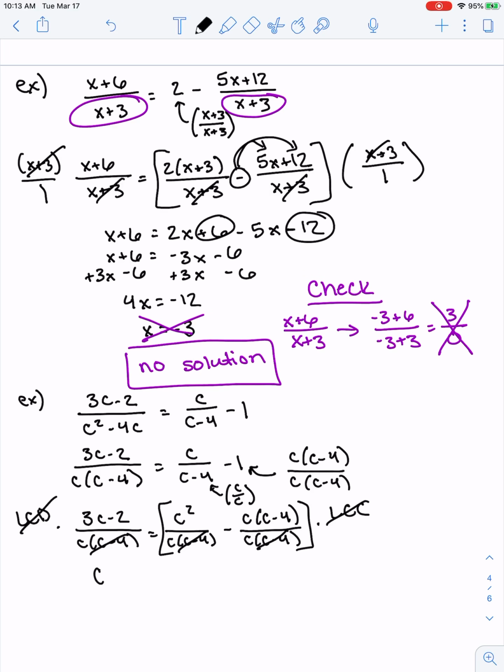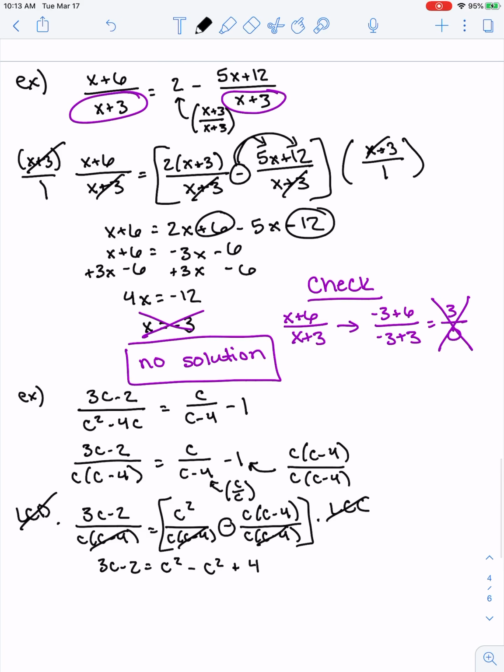And I am left with 3c minus 2 is equal to c squared minus c squared plus, make sure you distribute this negative, 4c. Combining like terms, these will cancel out, and I'm left with 3c minus 2 equals 4c.